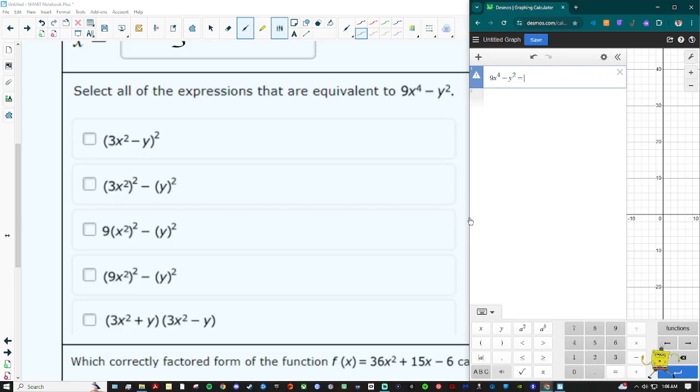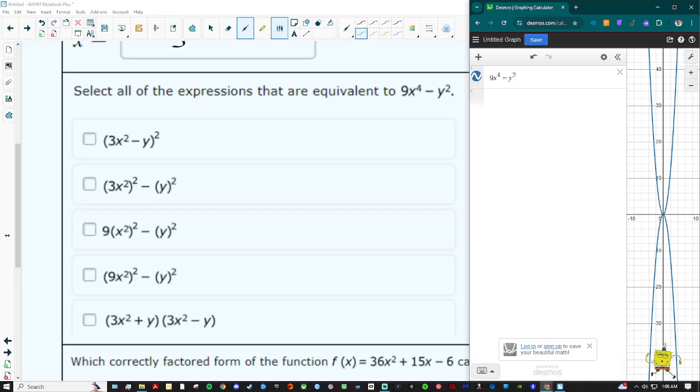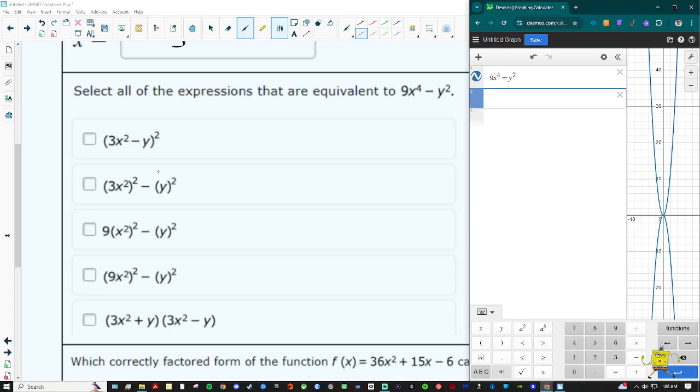So what I can do is if I put this equal to 0, I can take this and move it to the other side and make it positive. So when I move it to the other side of the equal sign and make it a positive y squared. Okay, so here's what my graph looks like.